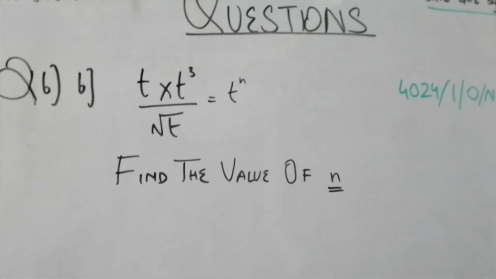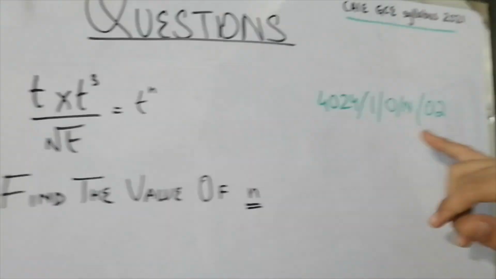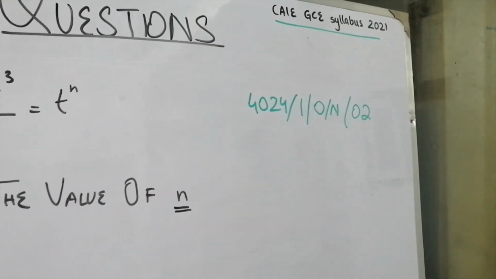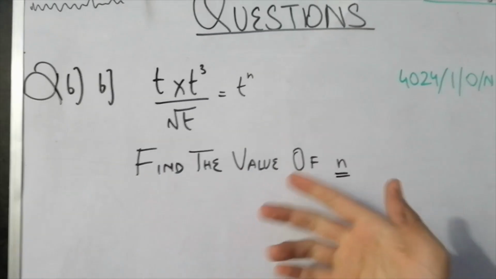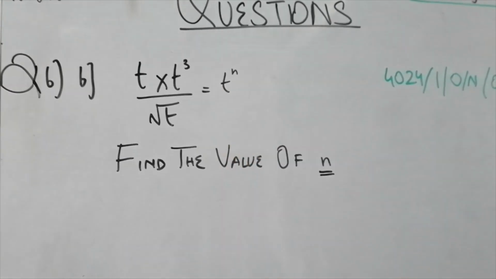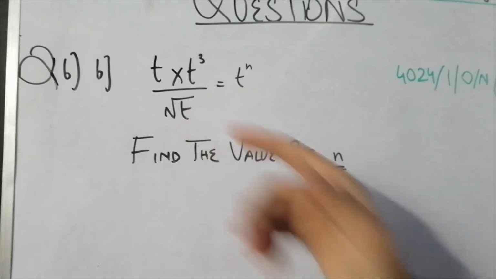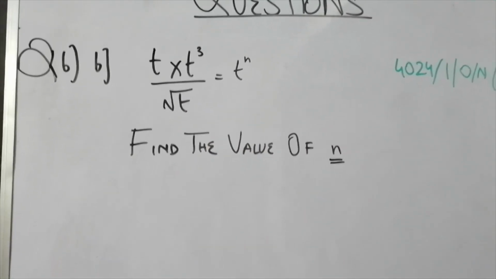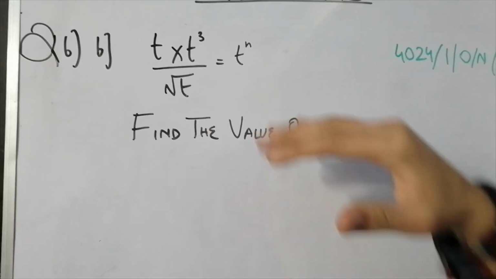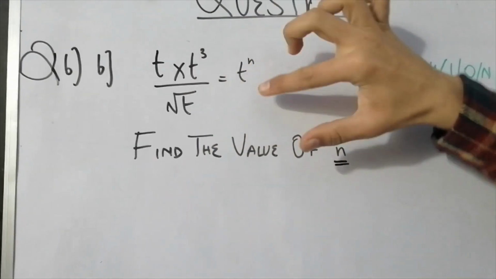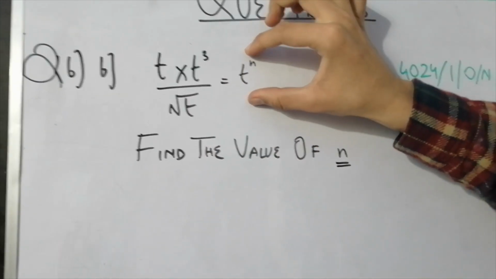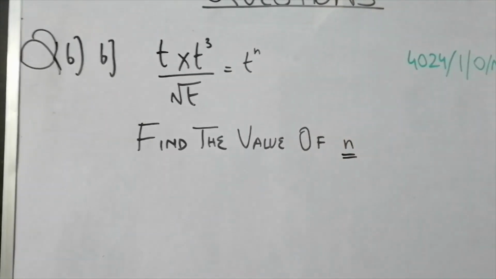Okay, so this is a different question, number 6 part B of October-November 2002 paper 1. This question asks us to find the value of n, and this is the equation: t into t cube over square root of t is equal to t power n. So basically we're just going to look at one side, this side, and prove that it becomes a single t power something.